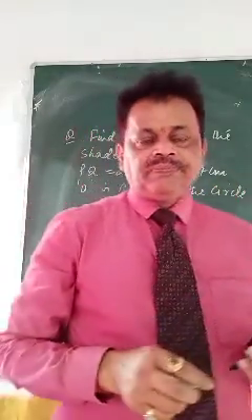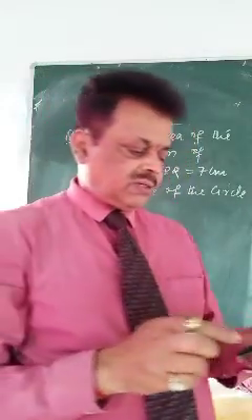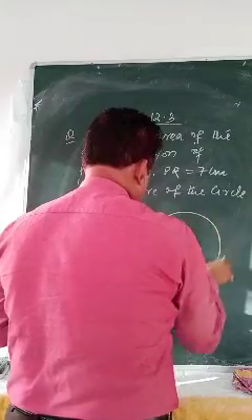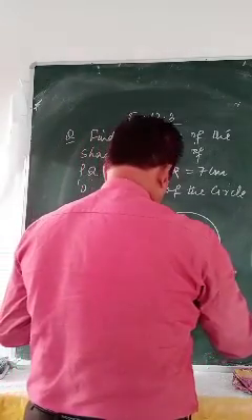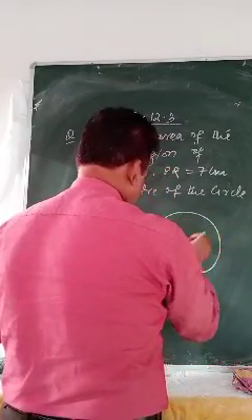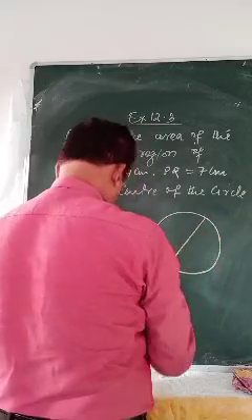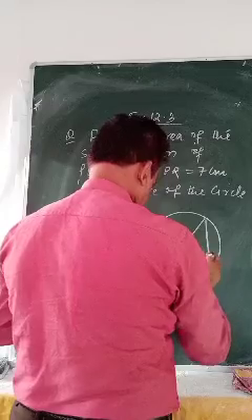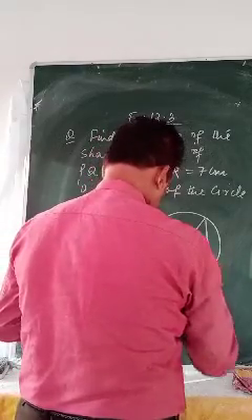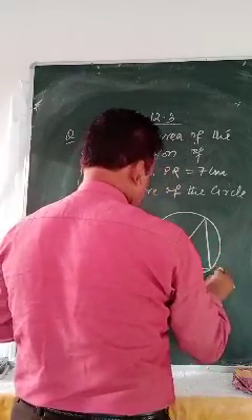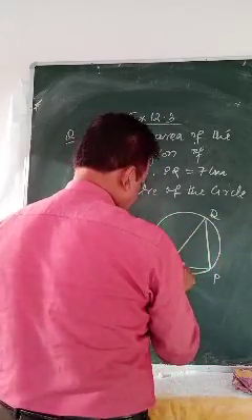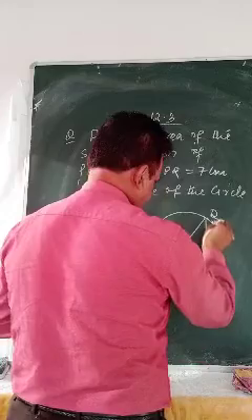What I'll do is I'll give you hints, you try to solve. So the figure is given like this. There is a circle, O is the center. This is P, this is Q, this is R. You are asked to find this region.